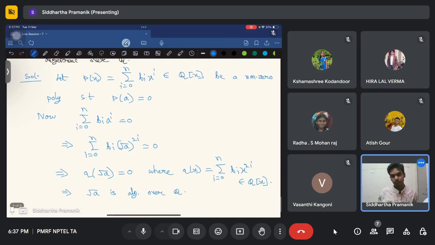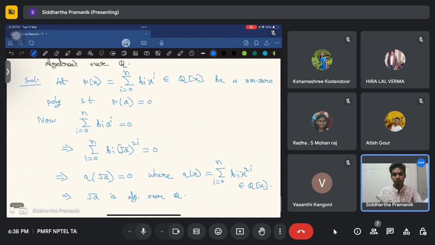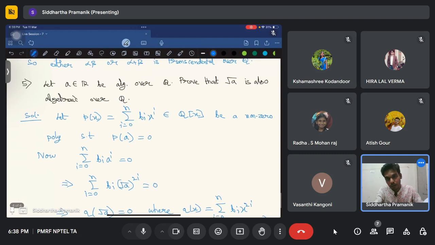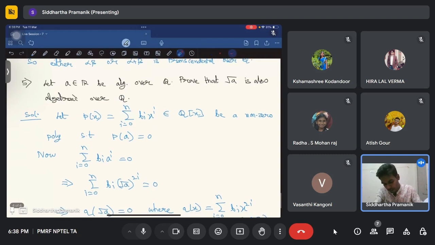Is it fine? So if you take an algebraic element over Q, its square root is also algebraic.